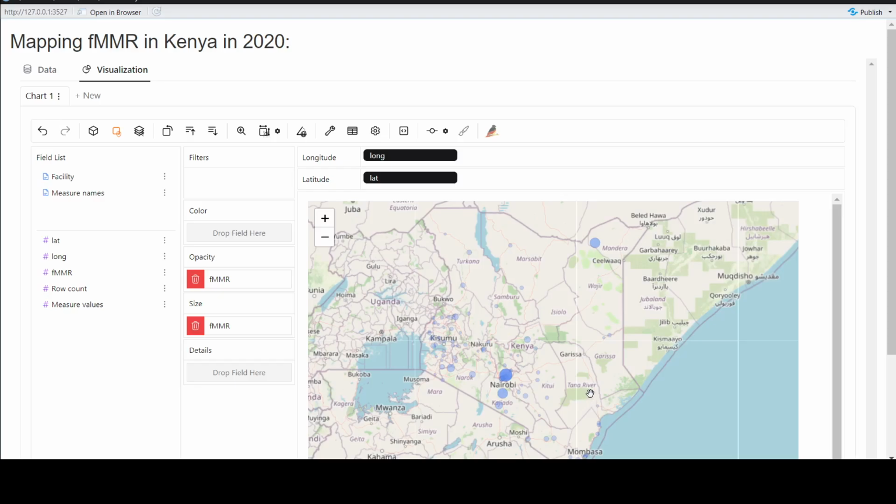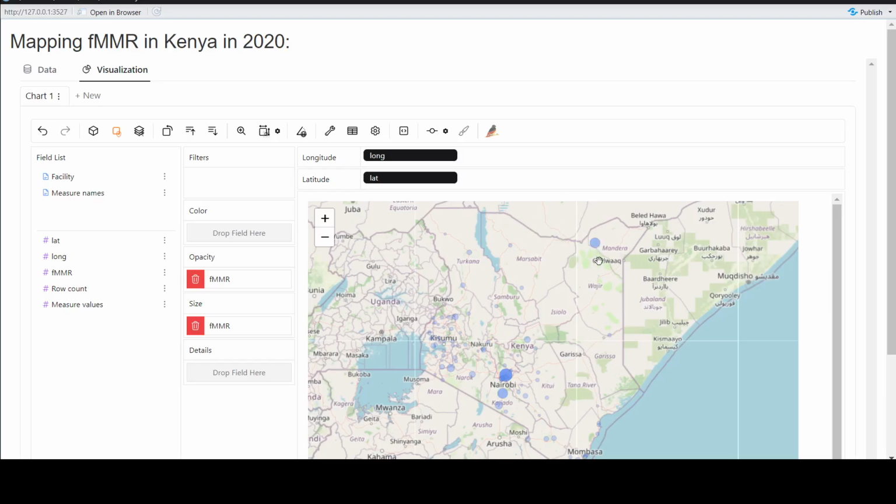which are the hotspots, giving you a better indication of where there's a high facility maternal mortality ratio in Kenya in 2020. You can do this for different years just to compare whether there are some regions which have high maternal mortality compared to other regions, whether the hotspot regions are improving over time, and so on.